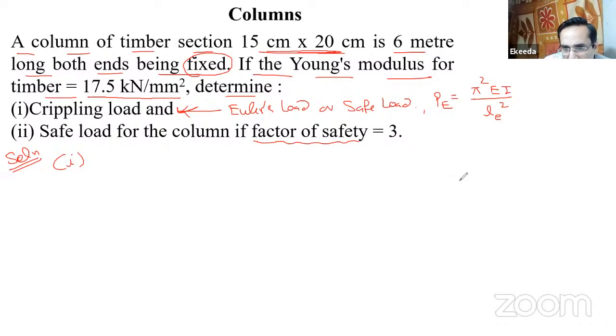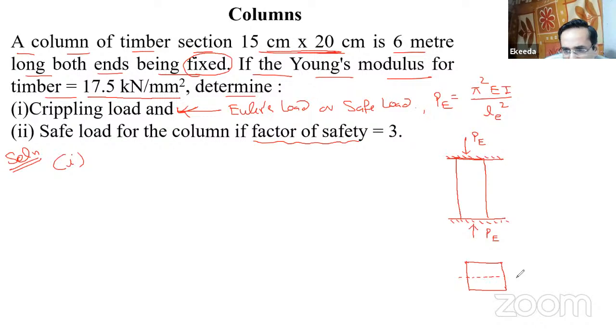Let us draw the picture first. This is our column, fixed at both ends. Some load is applied on this, that is, we have to find the safe load or crippling load, and there will be a reaction from the bottom. The load will be the same in static condition, and the dimensions are also given.